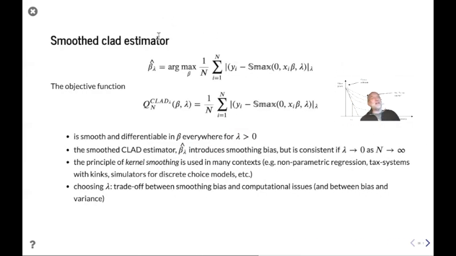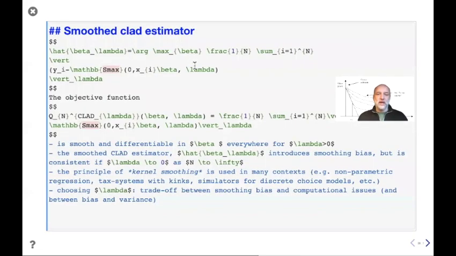Okay, so we end up here by putting all this together with the smooth CLAD estimator. I don't know if it exists, and I don't know exactly what the properties are. I know we're going to get a little bit of bias, but at least here it is. Okay, so it's just an illustration. So here, instead of maximizing or minimizing the, that's another error here, you need the argmin.